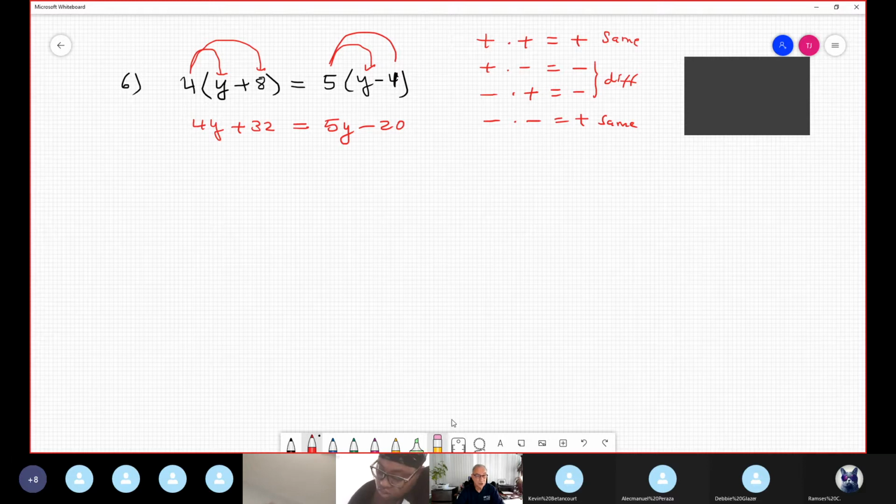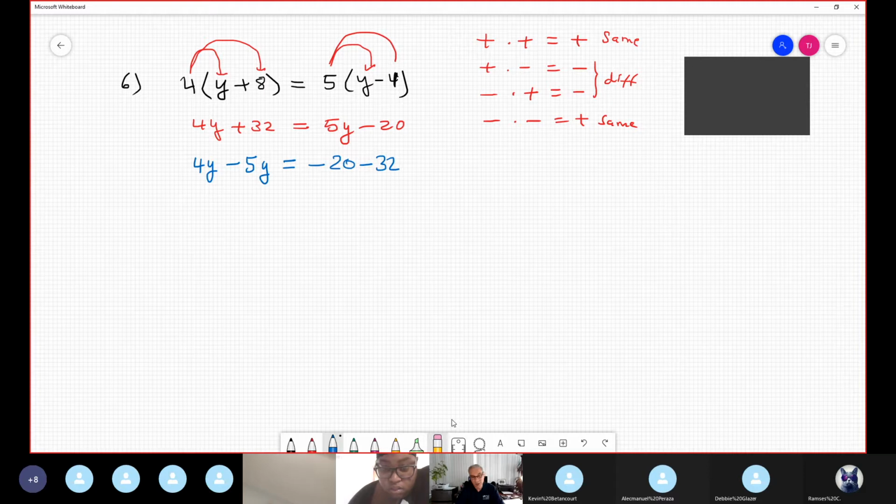Now, what should I do now? Well, for example, I bring down 4y minus 5y equal minus 20 minus 32. So basically my recommendation is always to move everything that contains the variable to the left-hand side.